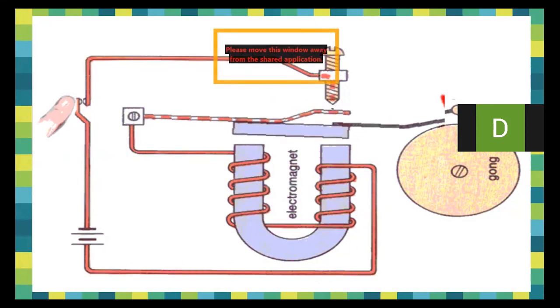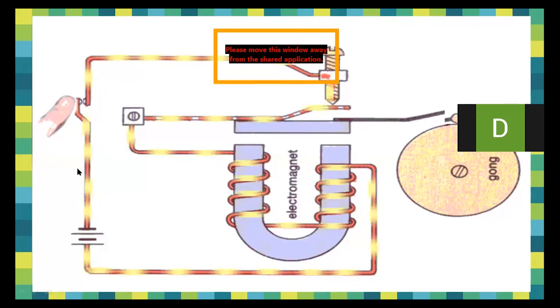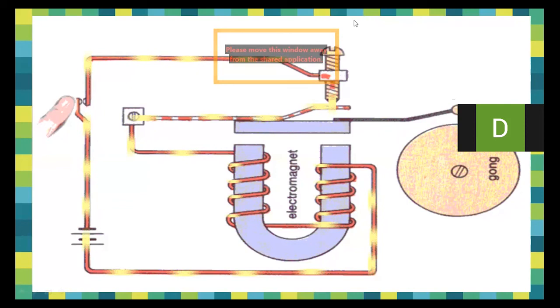Can you check how it works? You have a power supply, a battery, that produces electricity. When you close the switch, electricity continues to pass through the wire.